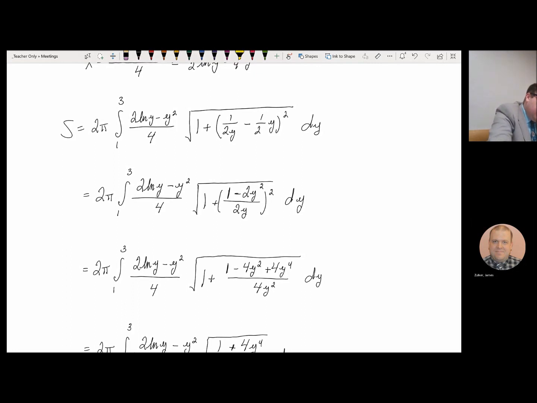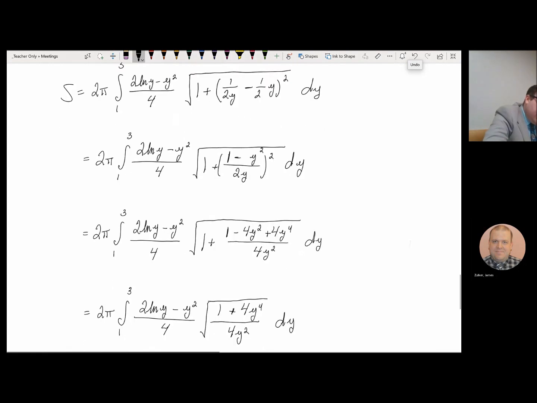That should not have been a 2y squared. Should have just been a minus y squared. I already had the 2 in the denominator. Wait, what? What's going on? Why did this erase? That was minus.